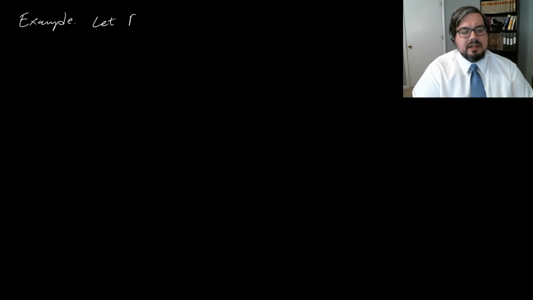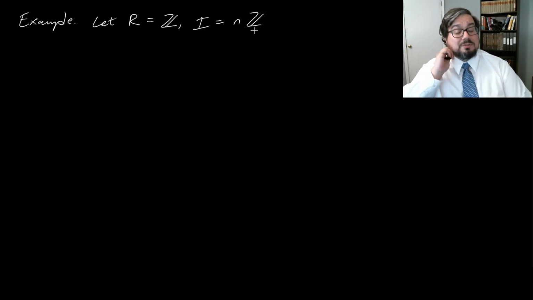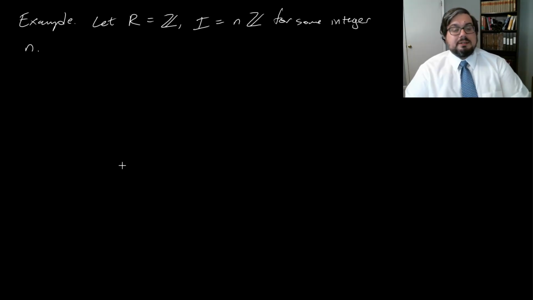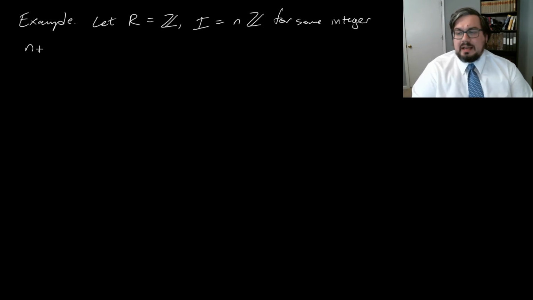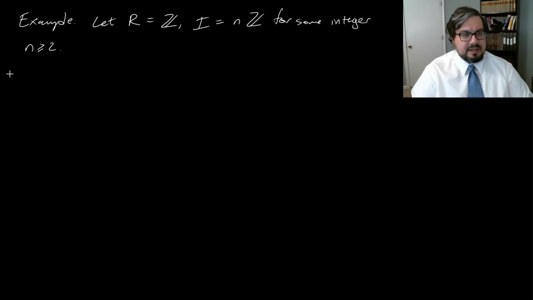So let's let our original ring be the integers and the ideal I be the set of multiples of n for some integer n. For the sake of this, we'll say that n is greater than or equal to 2. This doesn't have to be the case.